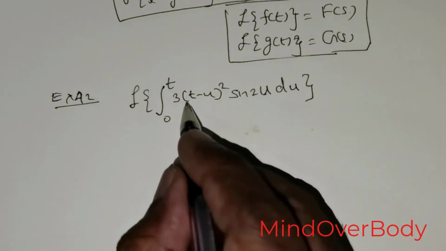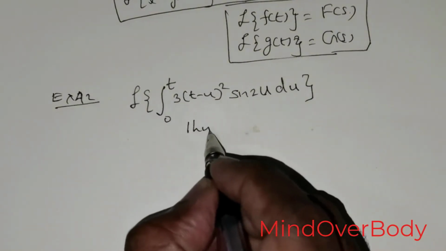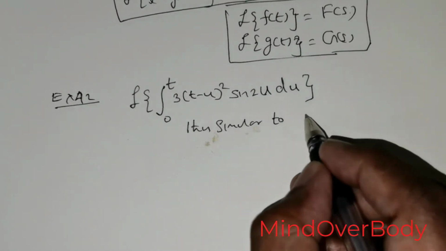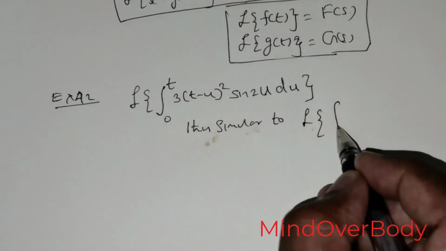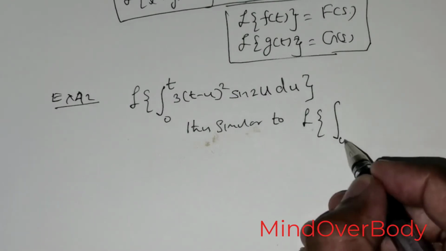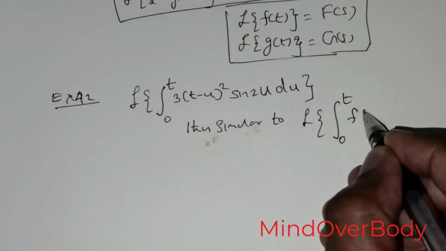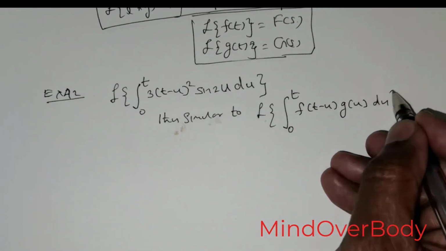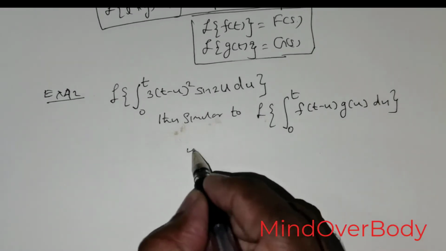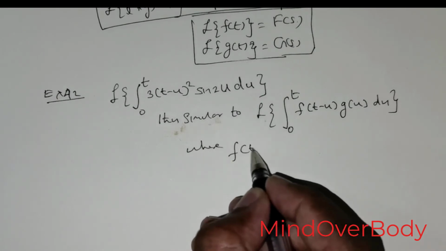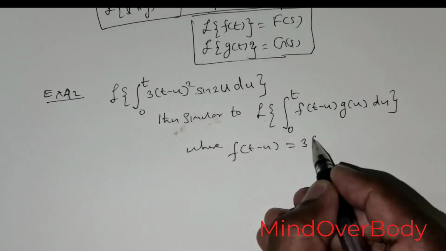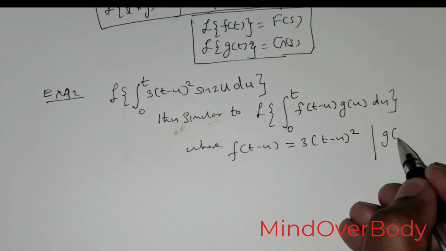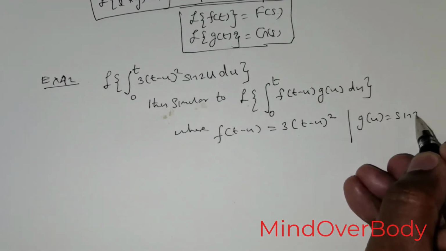Now this is similar to finding the Laplace transform of integral 0 to t of f of t minus u times g of u du, where f of t minus u is equal to 3 times (t minus u) raised to the power of 2 and g of u is equal to sine 2u.